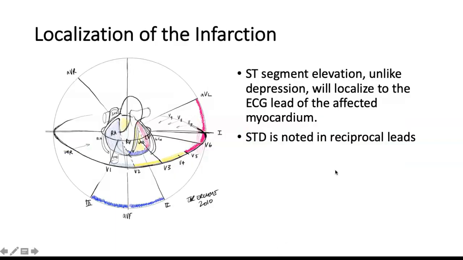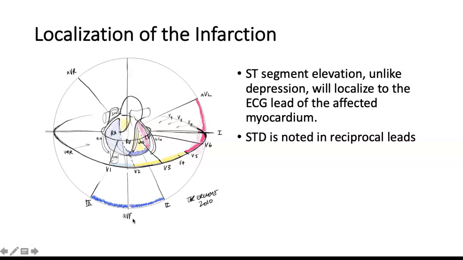Localization of the infarction. So ST segment elevation, unlike depression, localizes to the EKG lead of the affected myocardium. ST segment depression should be noted in the reciprocal leads, or the opposite leads. For example, if you have an inferior wall myocardial infarction, it will involve leads 2, 3, and AVF.